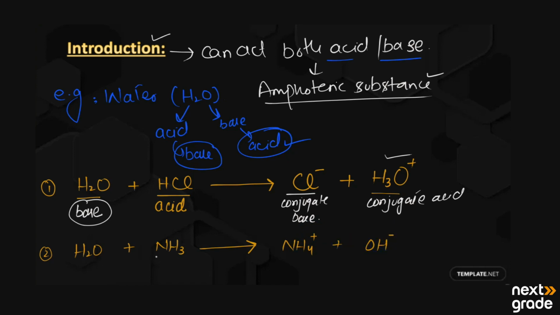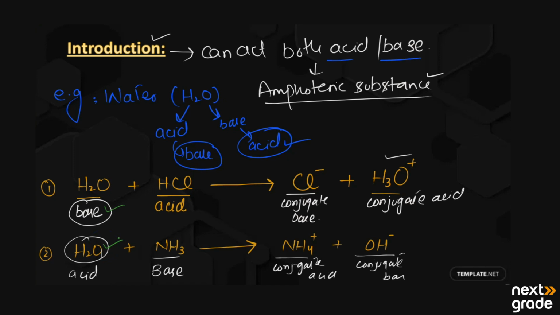Here ammonia is a base and it produces NH4 positive, its conjugate acid. And here the water acts like an acid because it has donated the proton, and after the donation of the proton it formed a conjugate base. So here the water has both the properties of base as well as acid, so it is known as an amphoteric substance.